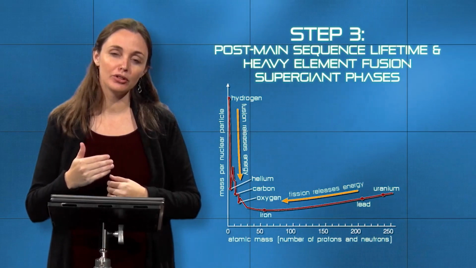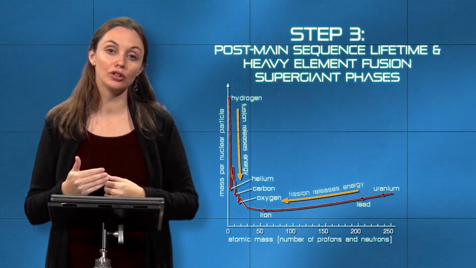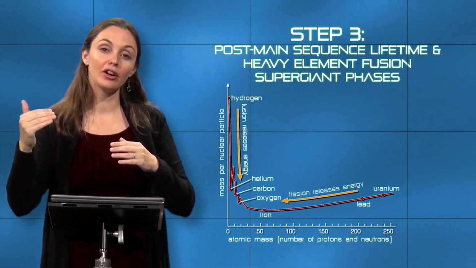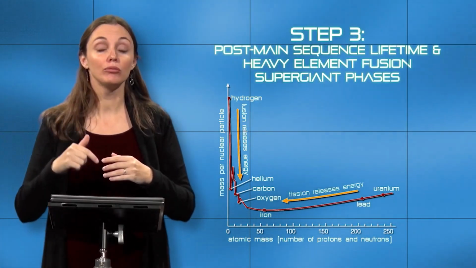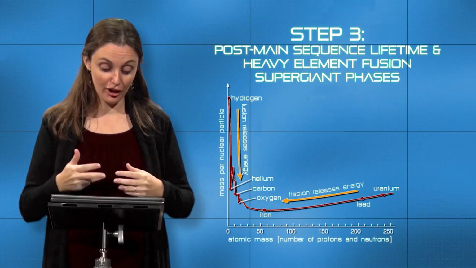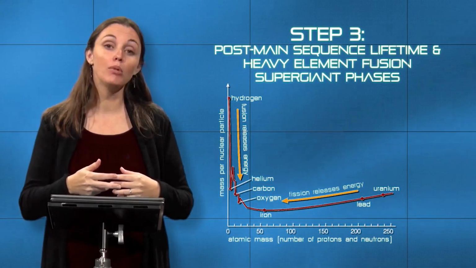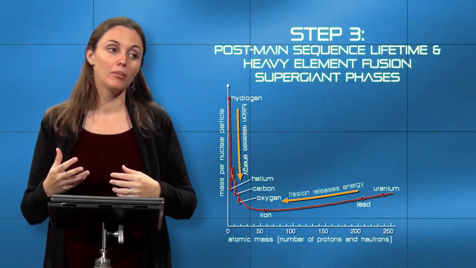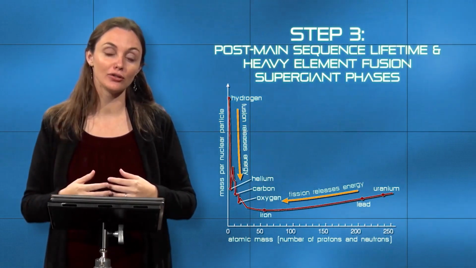While the temperature required to undergo fusion gets higher and higher, the amount of energy produced from fusion decreases. The most abundant reaction is turning hydrogen into helium. That produces the most energy. That's the most stabilizing process for a star.